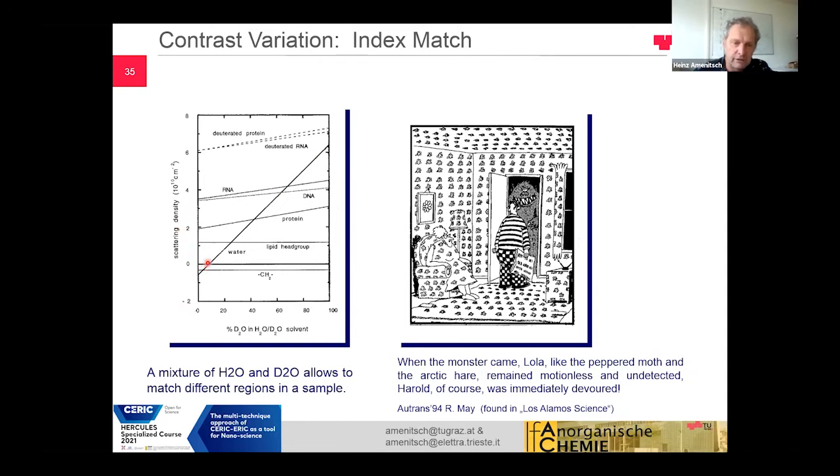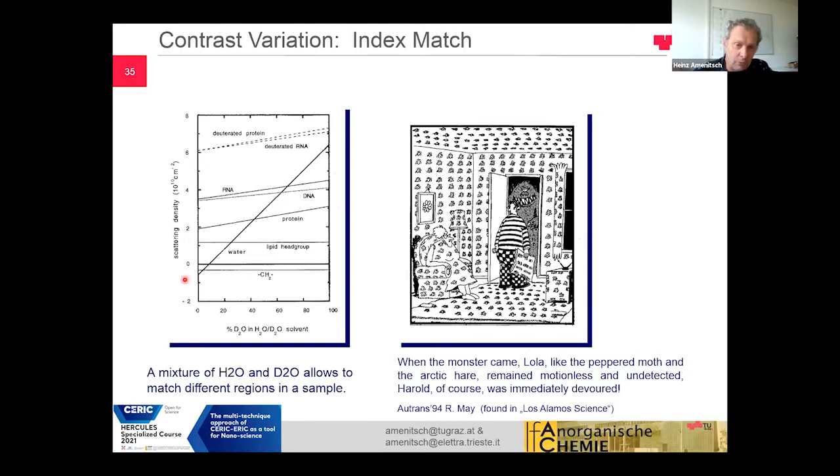Now looking at different structures, such as proteins, lipid head groups or hydrocarbon chains, and RNA, or deuterated proteins, where you selectively exchange the hydrogen by deuterium in the protein, you get a very different neutron scattering length contrast.